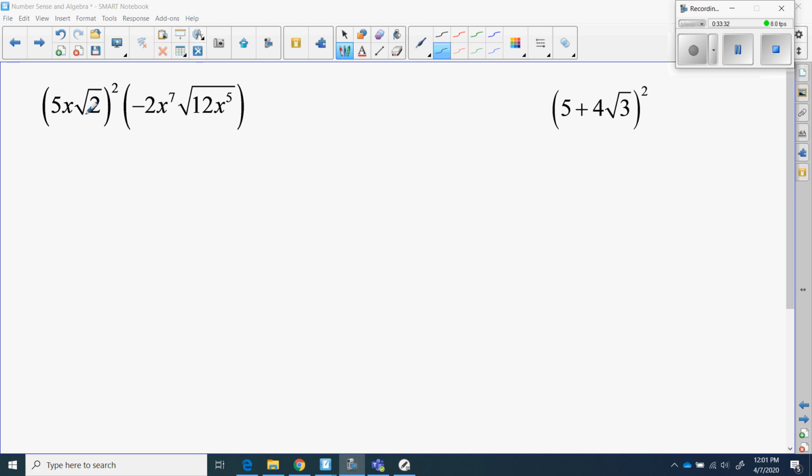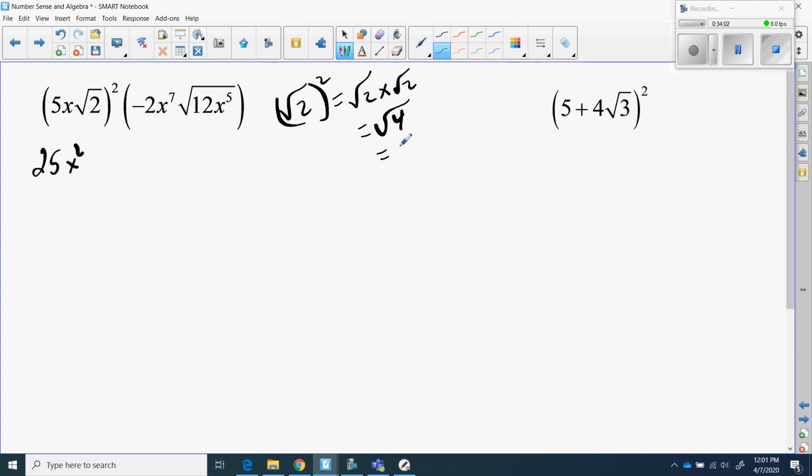When it's a monomial squared, all we need to do is simply square the coefficient. So when I square 5x, I get 25x squared. And when you square a square root, so if you had the square root of 2 squared, well, technically what that means is the square root of 2 multiplied by the square root of 2, which would be the square root of 4, and the square root of 4 is 2.